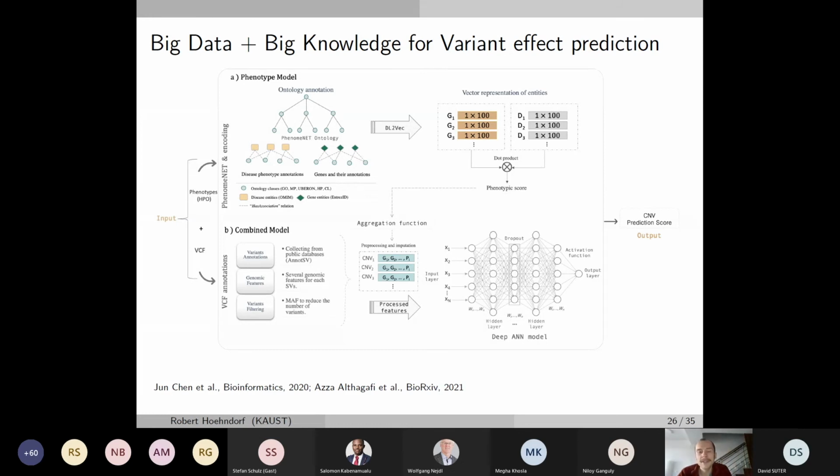So this is a general method for identifying rare disease variants. And we have a number of different systems for this. I think over time, we add different features and different components to this or generalize this model further.